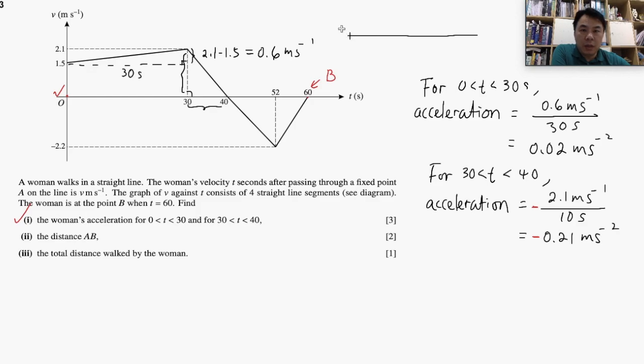Okay, this is the start. She starts off from A, and then let me label this as A, and then she increases her speed to reach B here, for instance.